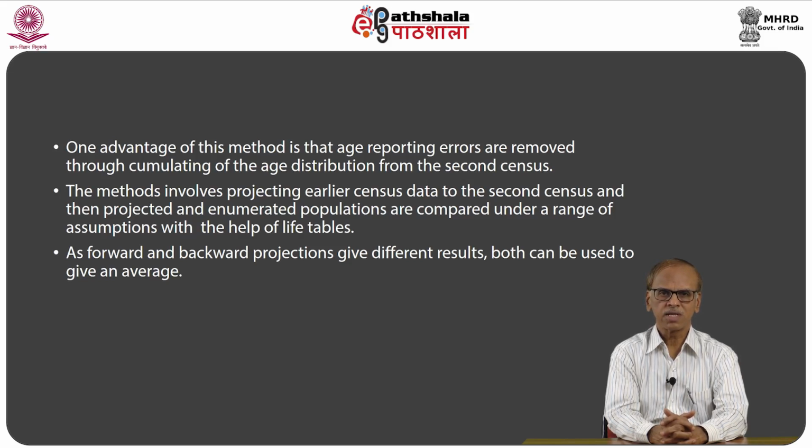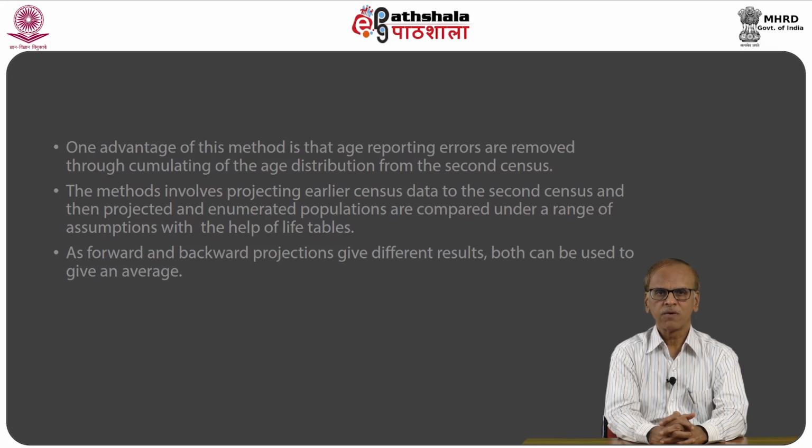from the second census. The method involves projecting earlier census data to the second census, and then the projected and enumerated populations are compared under a range of assumptions with the help of life tables. Forward and backward projections give different results. Both can be used to give an average.